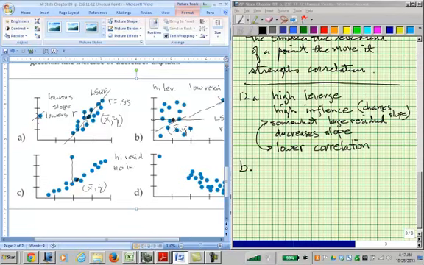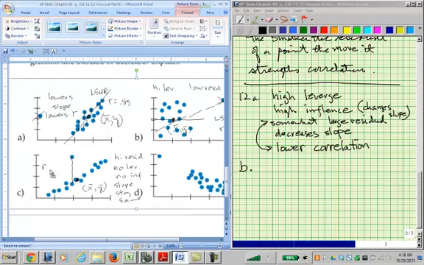No leverage because it's very close to the mean of the x coordinates. So X bar is right about here, Y bar is right about here. Okay. So it's a high residual, no leverage, no influence, slope stays the same, and R gets weaker.